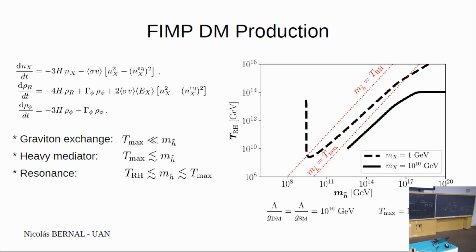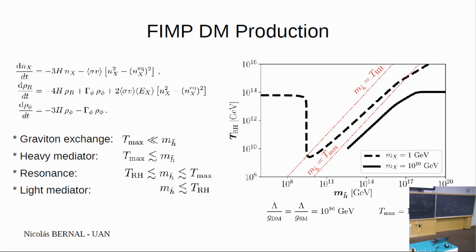So that's why this solid line corresponding to 10 to the 10 GeV stops here at a reheating temperature of 10 to the 10 GeV, because for smaller reheating temperature, you're basically not able to produce it out of the thermal bath. And now what happens if we keep decreasing the mass of the mediator?